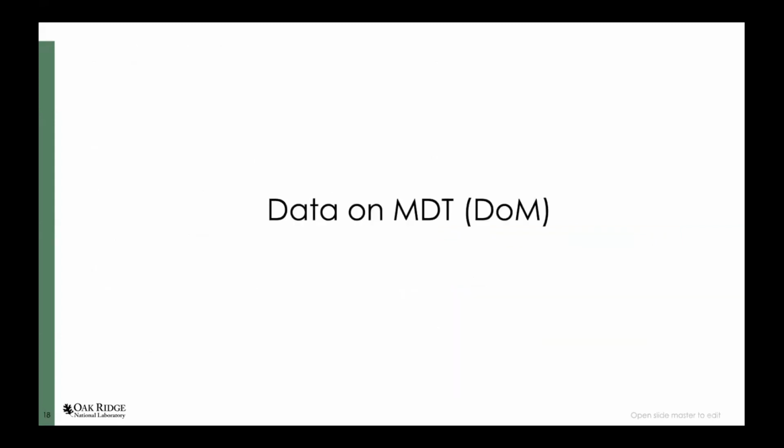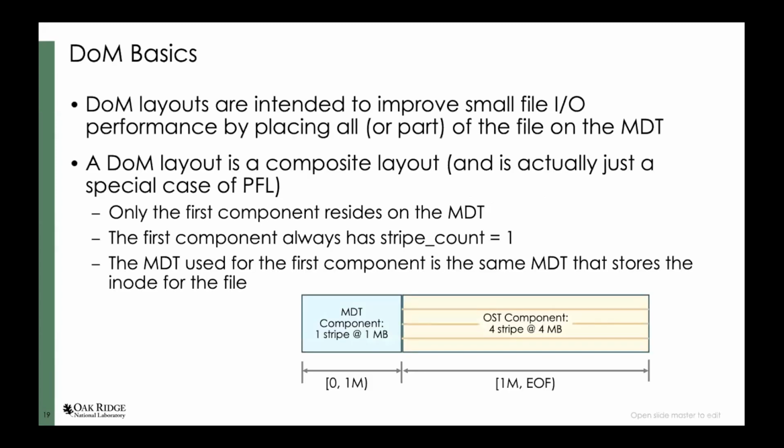The second advanced layout I'd like to talk about is Data on MDT, or DOM. DOM layouts are intended to improve small I/O performance by placing all or part of a file on the MDT.